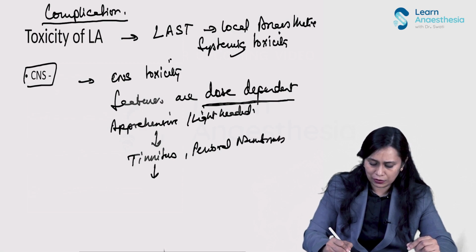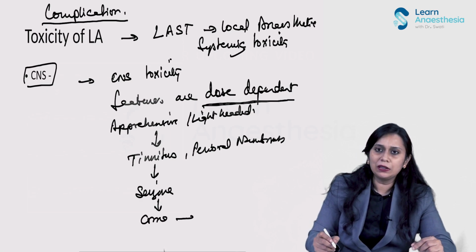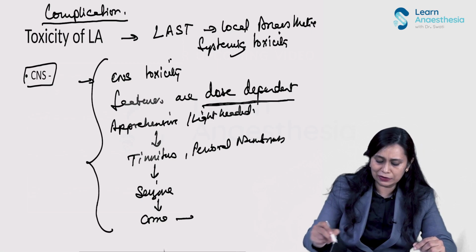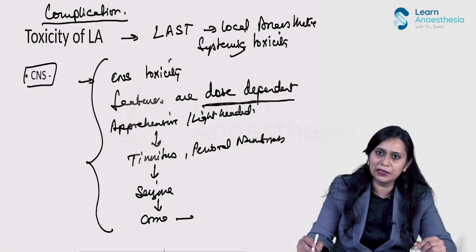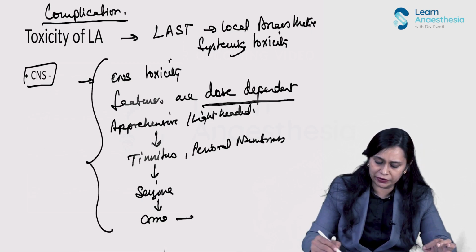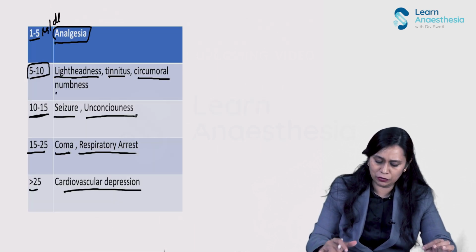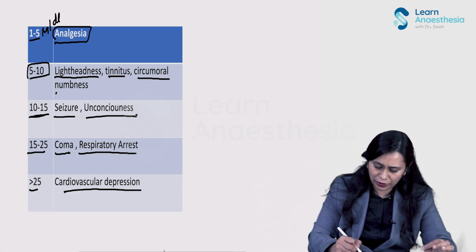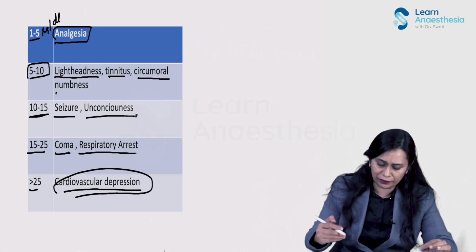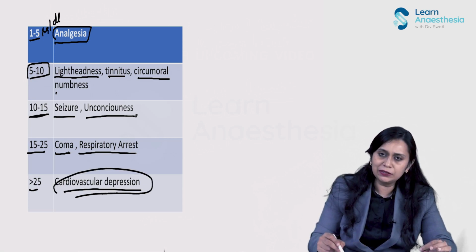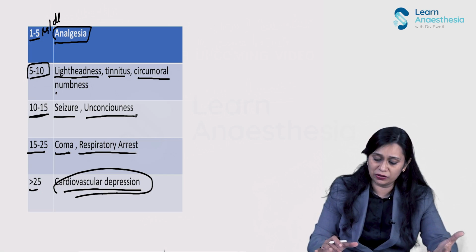Then seizure, then coma. So as the dose is increasing, serum concentration is increasing, the symptoms come. These are the features of CNS toxicity. Above 25 would be cardiovascular depression, which I will discuss with you. So these are the clinical features of CNS toxicity.